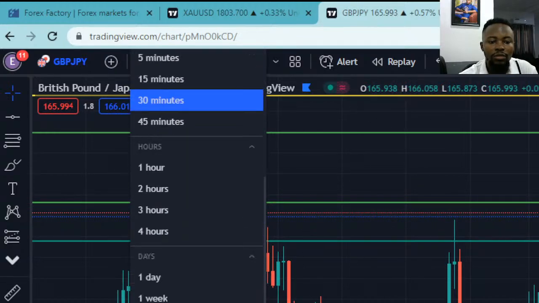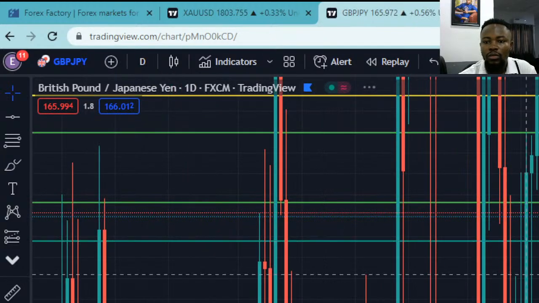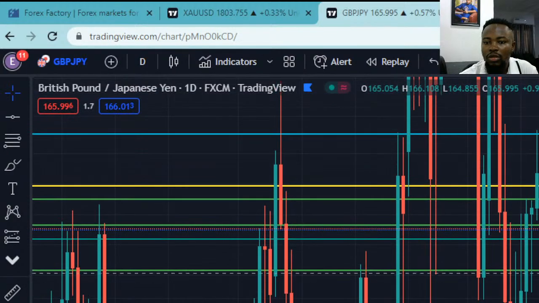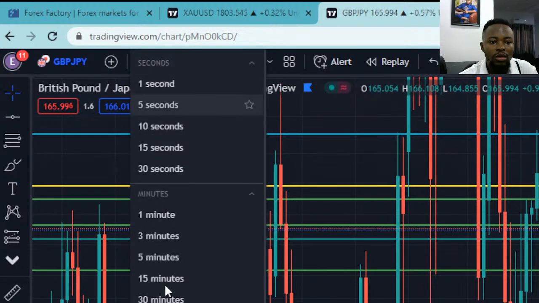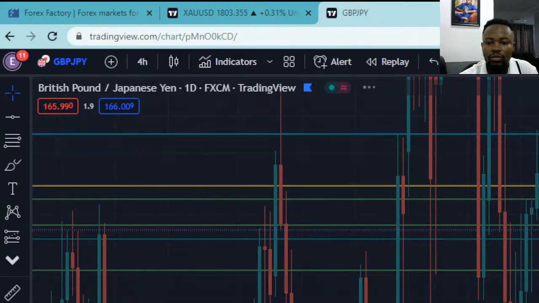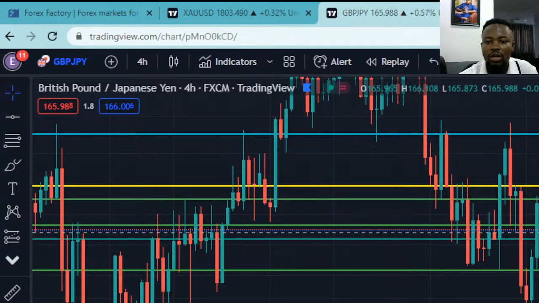Looking at the daily, this current daily candle has broken the highs of the previous daily candle, so we should come up towards the 166.500 area, right? Looking at the 4 hours too, the 4 hours is currently bullish, and we've broken the highs of this previous 4 hours candle, so we should at least get to the next resistance, right?